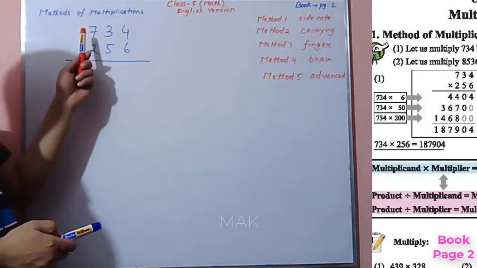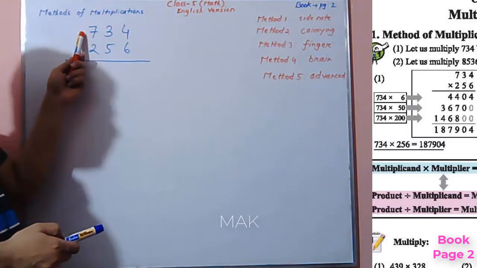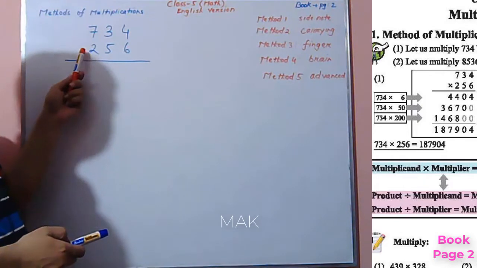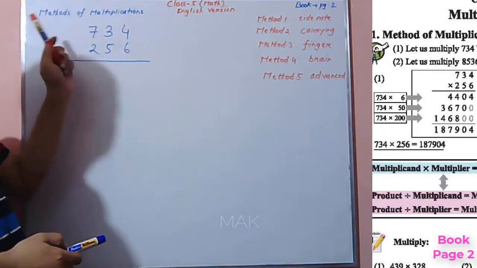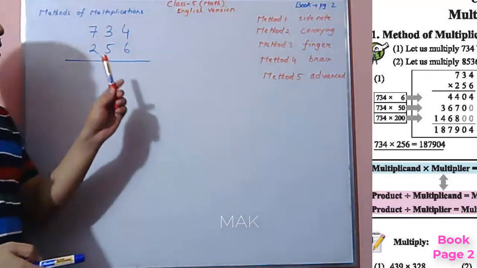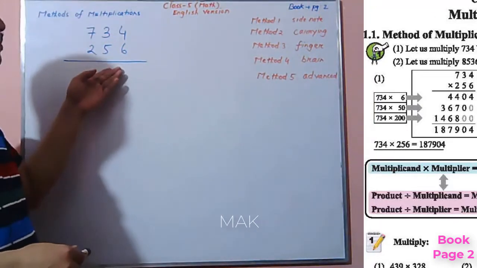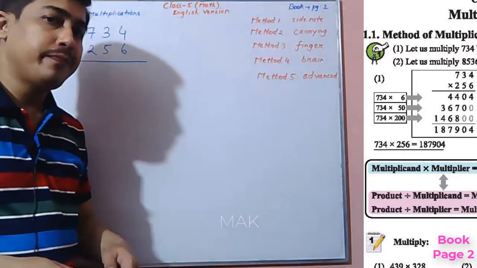The first one is 3 digits and the second one is also 3 digits. So 3 digits multiplication, you are going to learn right now, and we are going to do this multiplication successfully.